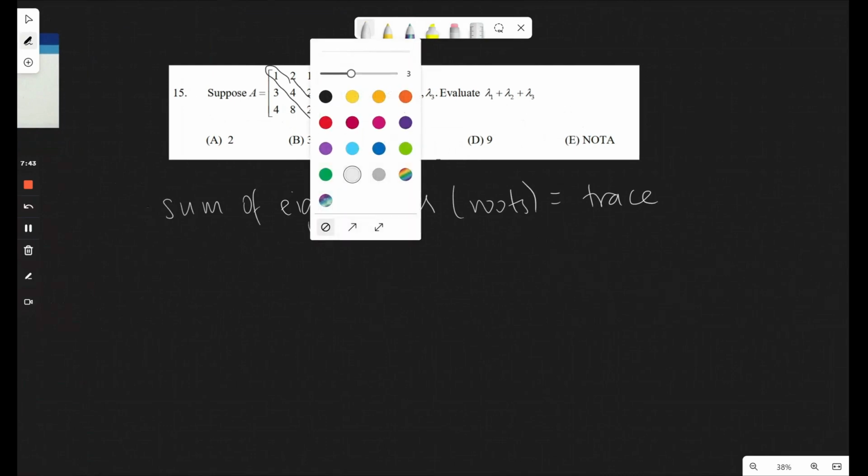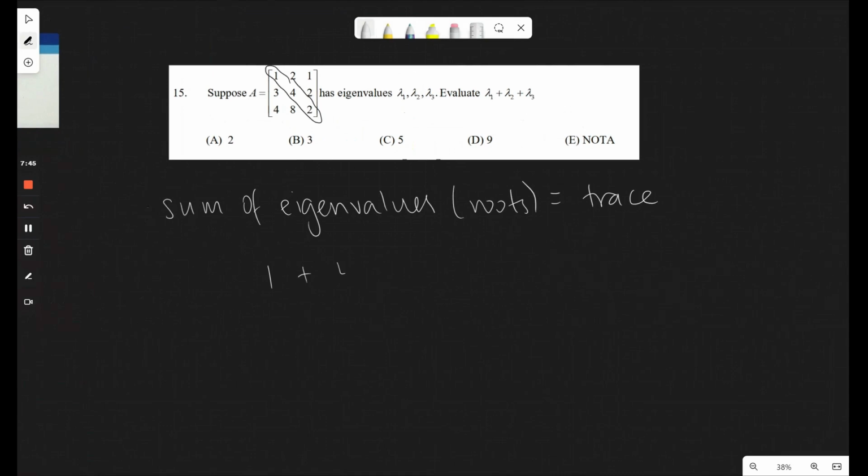So in this case, it would be 1 plus 4 plus 2, and that is equal to 7, and therefore the sum of your eigenvalues is going to be equal to 7. I just double checked with the solution key that the answer was actually 7 because it was an option, but the answer in this case was E, none of the above, and the correct answer was 7.